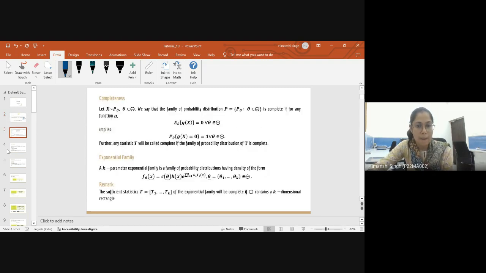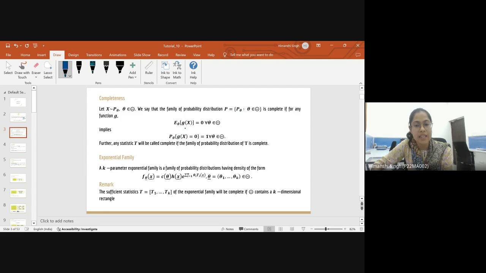Apart from sufficiency, there is another property, that is completeness. First of all, we will discuss what we mean by completeness. If I have a family of probability distributions P, which contains all the P theta for theta in the parameter space, I say this family is complete if expected value of g(X) equals 0 implies that probability of g(X) equals 0 is 1.